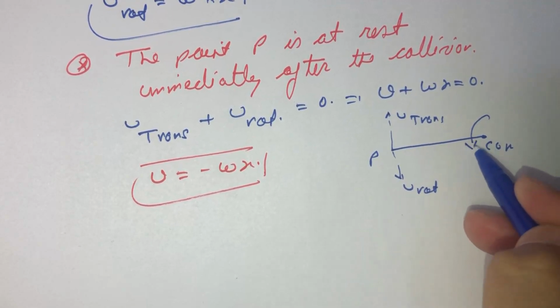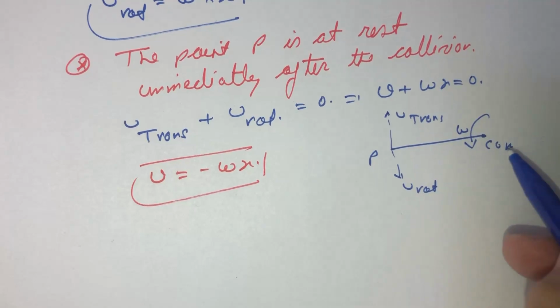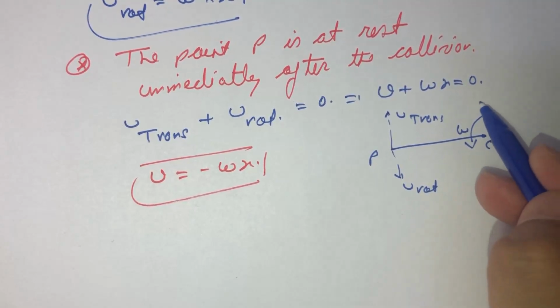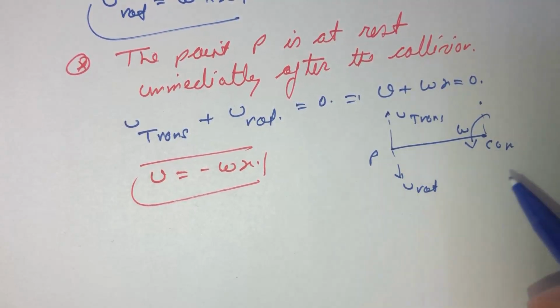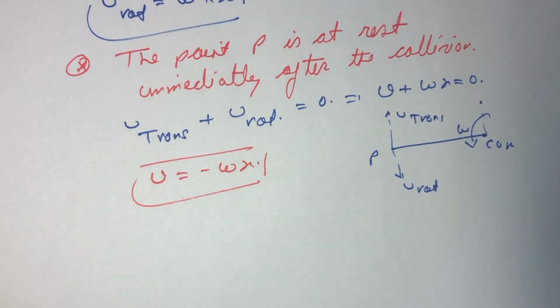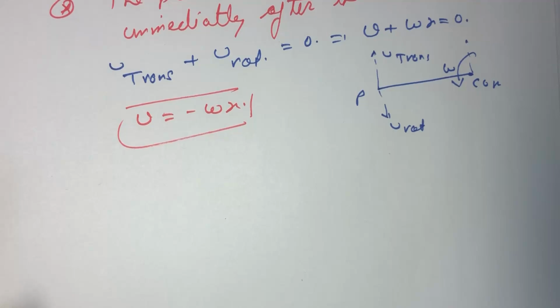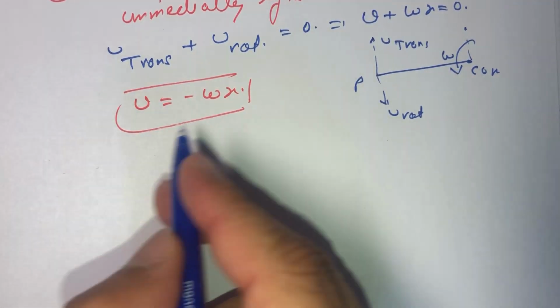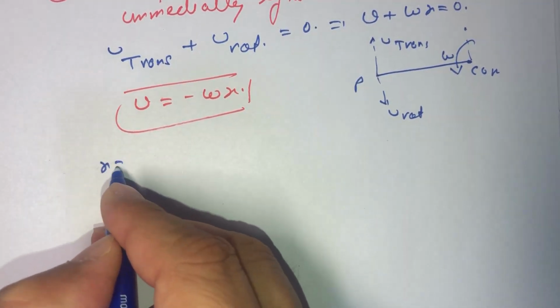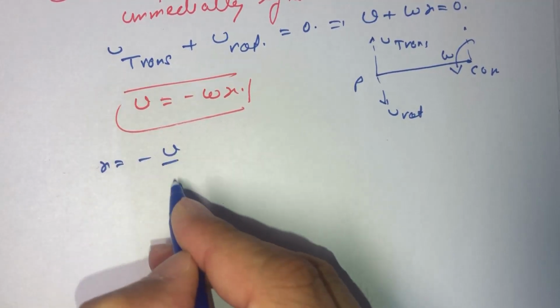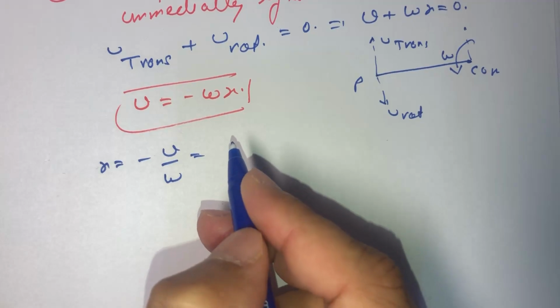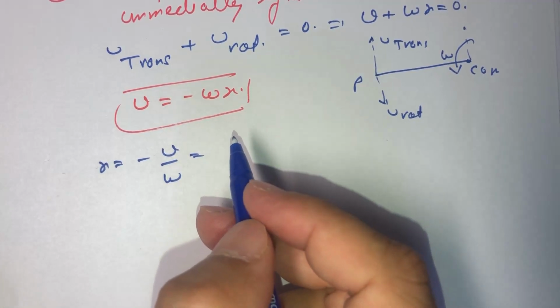It is rotating in this direction with the angular velocity omega, whereas the center of mass is moving in this direction, so both will be opposite. So from here we can say that x is equal to minus V upon omega, and we can find out our V.